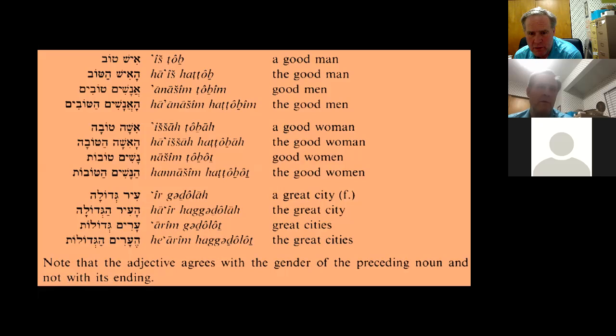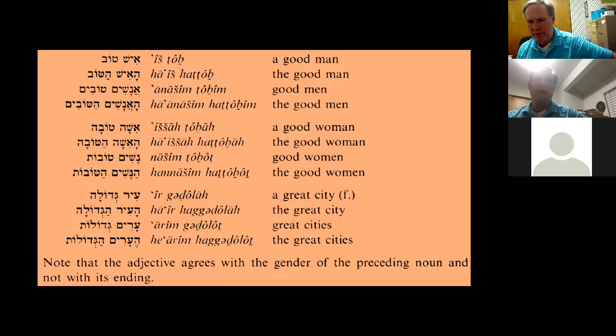Okay, so the word for isha, which is woman, tova, which means good. So it's either good woman or a good woman. If you say the, you have to put the ha in front of both the noun and the adjective. So ha isha is the woman, and then ha tova is the good woman.